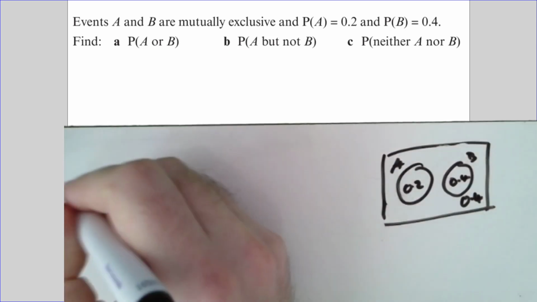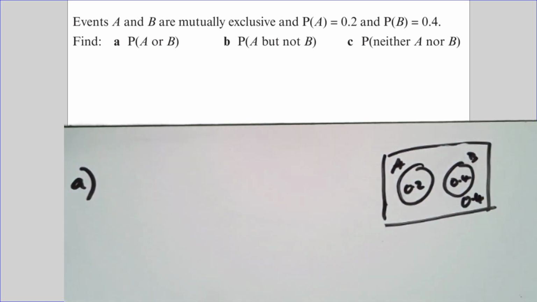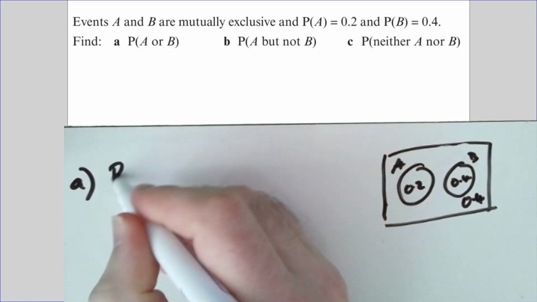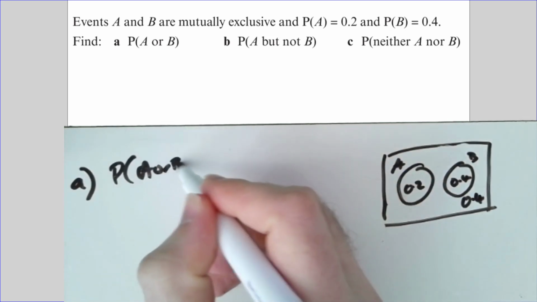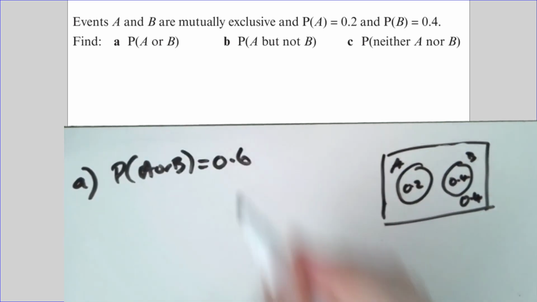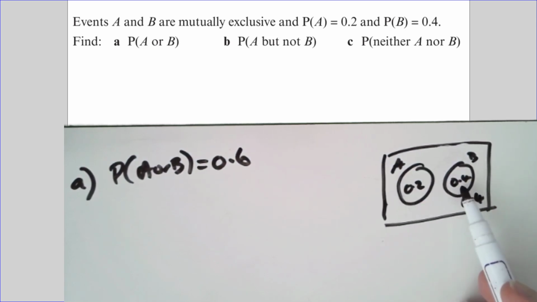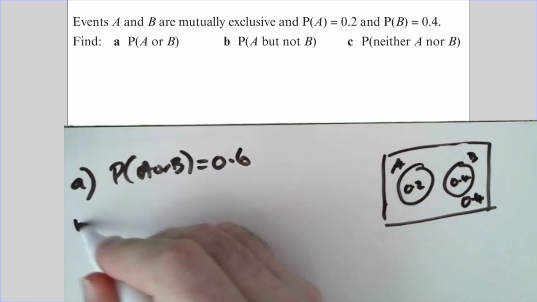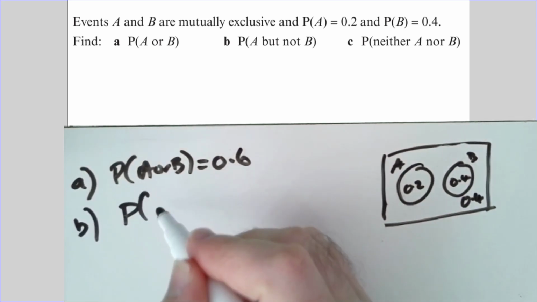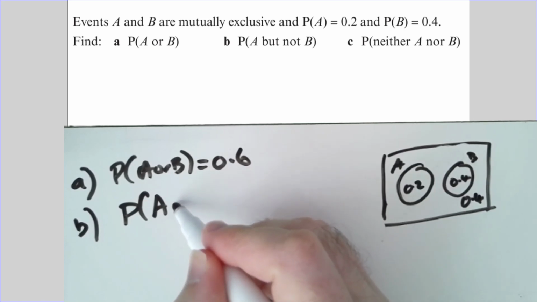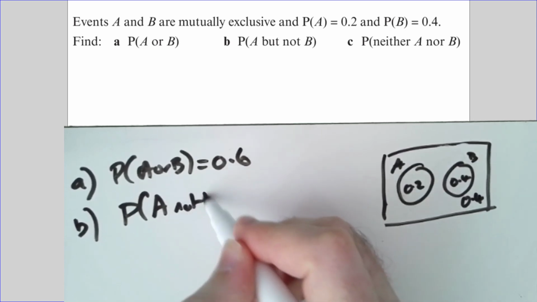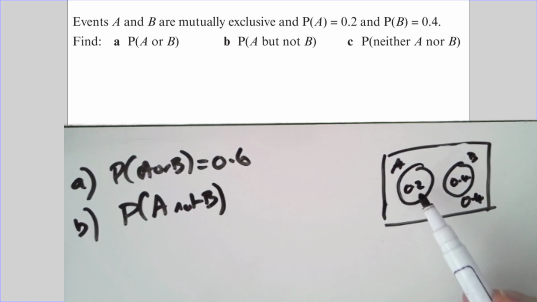For part A, we're given the probability of A or B, which is 0.6, because we can see A here and we can see B here. We don't have to worry about the bit in between because there isn't a bit in between. We get told they're mutually exclusive. For B, the probability of A but not B is just 0.2.